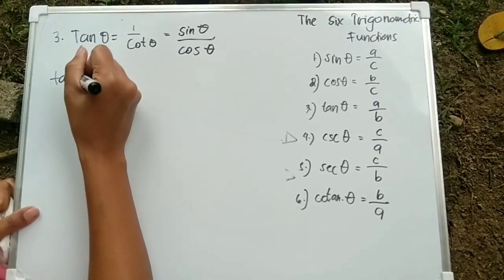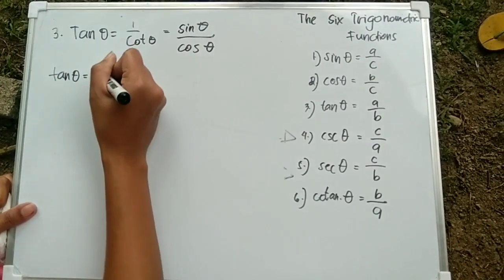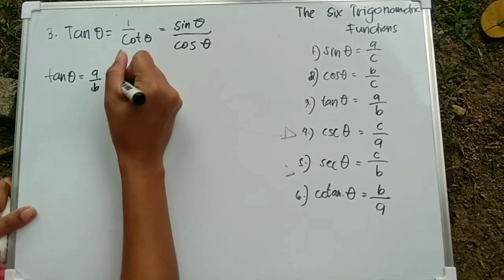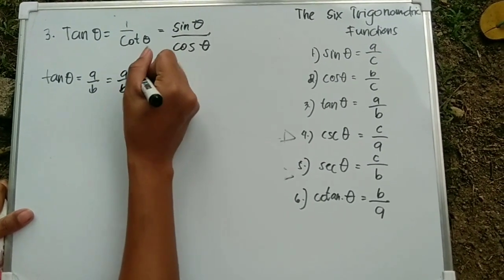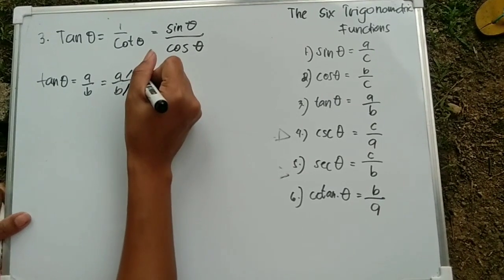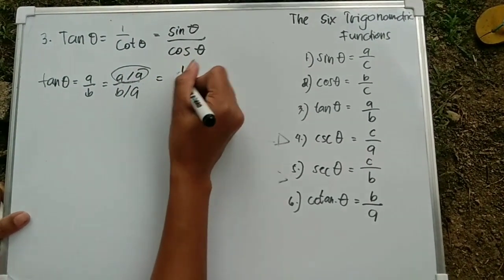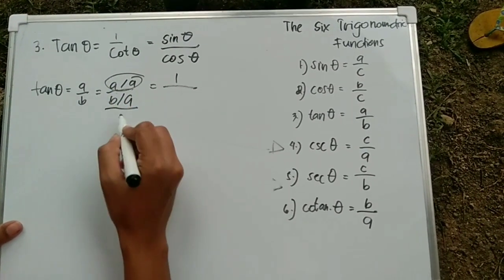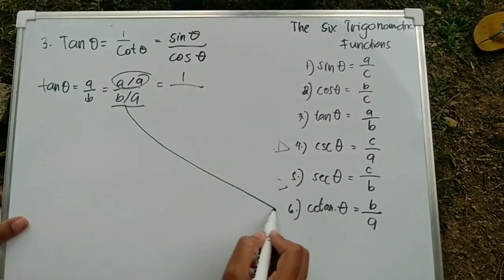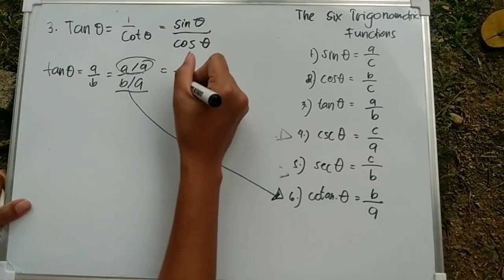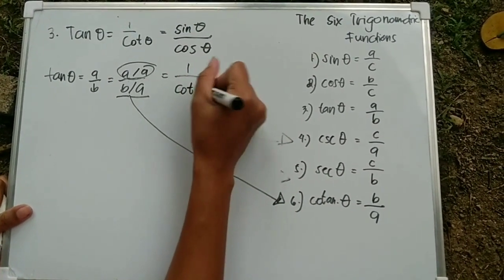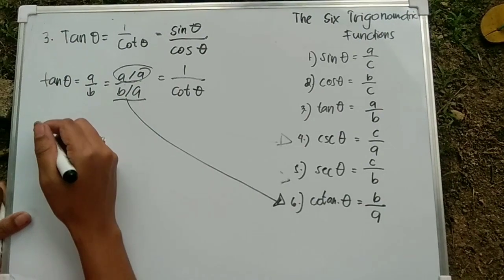So tangent theta is equal to A over B, and then divide both by A. So the numerator is 1 and B over A is cotangent theta. So that is why tangent theta is equal to 1 over cotangent theta.